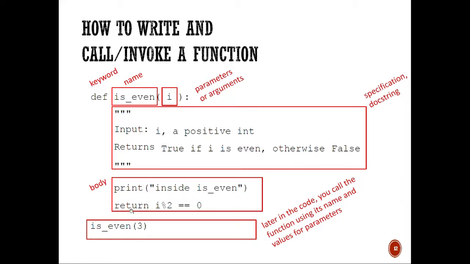Then we have the body of the function, which is basically trying to print the statement "i is even", and then we return whether the number modulo 2 is equal to 0, to specify whether it's divisible by 2, which means it's even or not. Notice the indentation: any part within the function has to be indented for it to be included as part of the function. And then outside the function, we can call the function or invoke it.